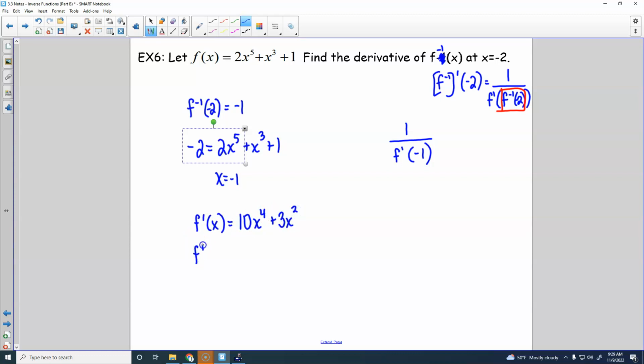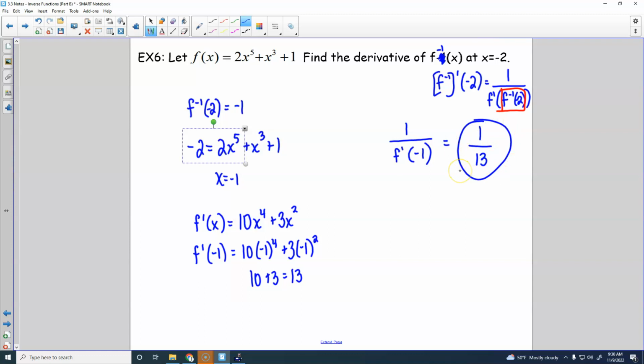And if we do f prime of -1, we'd have 10 times -1 to the 4th plus 3 times -1 squared. Since those are both even powers, it's going to get rid of the negative, so we'll just get 10 plus 3, which is 13. So we'll get 1 over 13 for our answer.